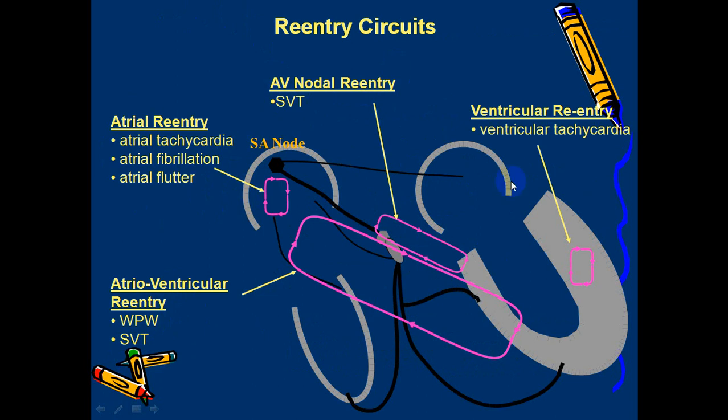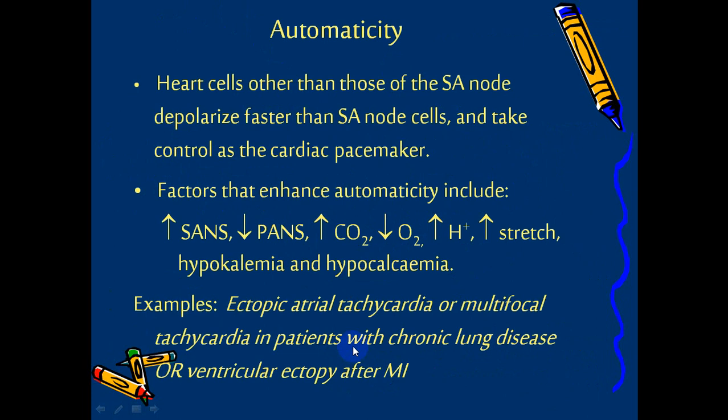Ventricular re-entry gives ventricular tachycardia, ventricular fibrillation, and ventricular flutter. So these are the positions: this is in the ventricle, this is nodal, and this is atrial, and this is infranodal.